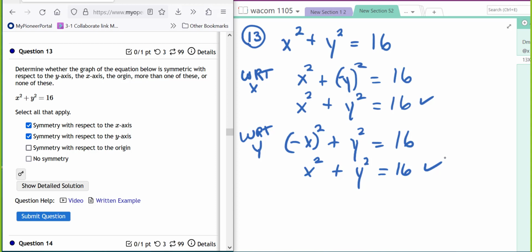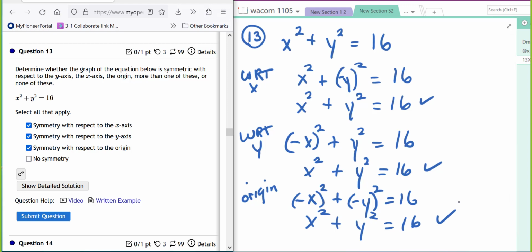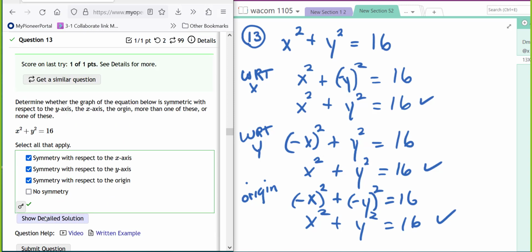So you plug into both. And these exponents make this happen. So it is symmetric to all. So it's a circle and its center is at 0, 0. So you can kind of think of that.